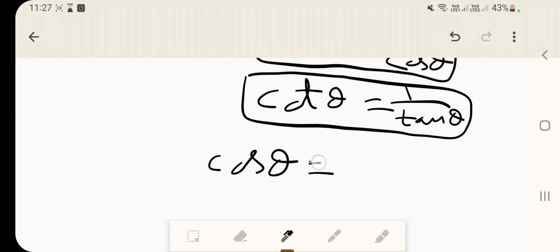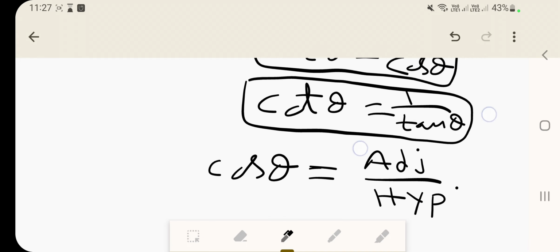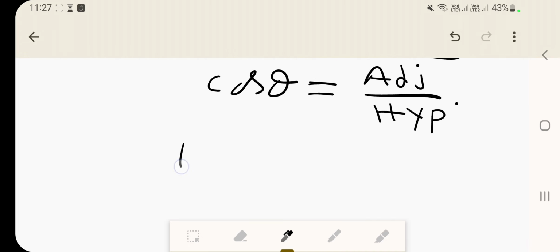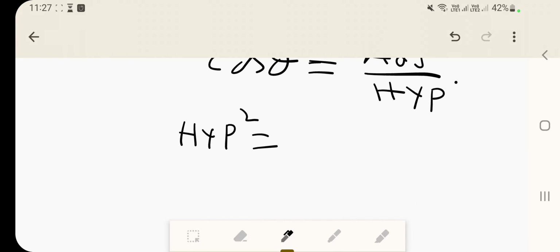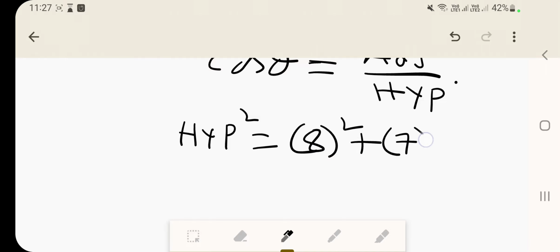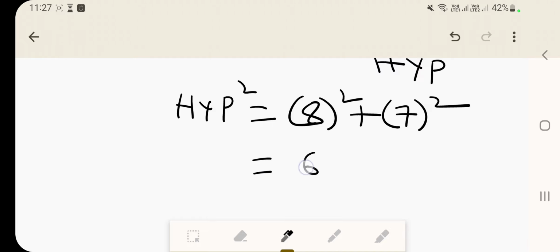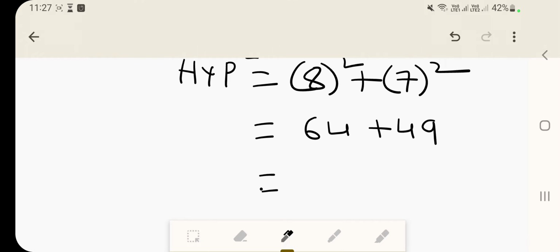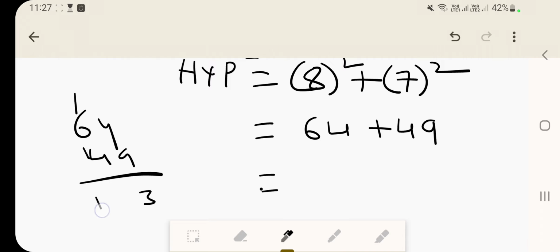Cos theta, just now we have seen, it is nothing but length of adjacent side divided by hypotenuse. From tan theta we have 8 by 7. 8 is opposite to the angle theta and 7 is adjacent. So how to find the hypotenuse? Hypotenuse square is equal to adjacent square plus opposite side square. So that is 8 square plus 7 square, that is 64 plus 49. Simply we can calculate: 4 plus 9, 13, 7 plus 4, 11.